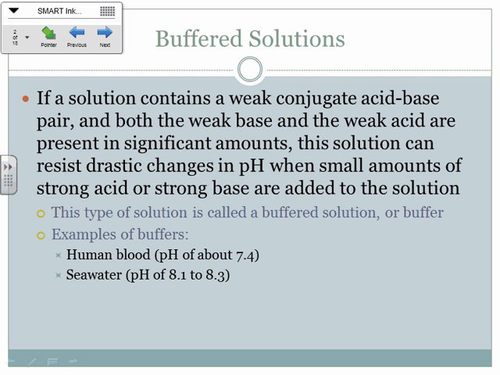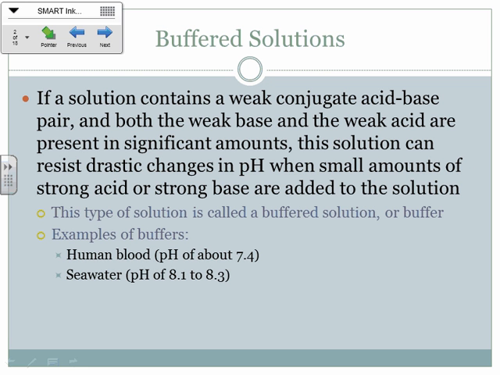Blood in your body is actually a buffer that resists drastic changes in pH, and that's a good thing because a lot of the chemicals in our body need a very specific pH range in order to operate effectively. If blood did not have a buffering action, we could be in big trouble if additional acid or additional base was added into our system.